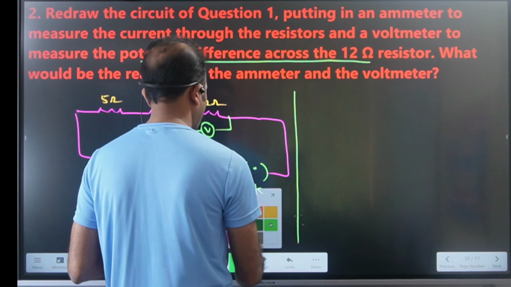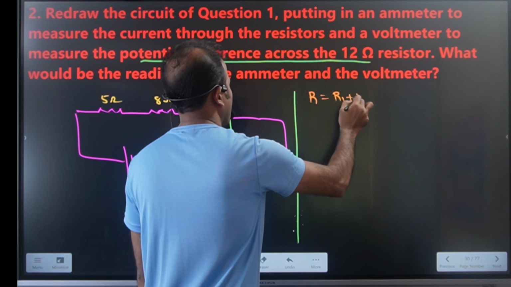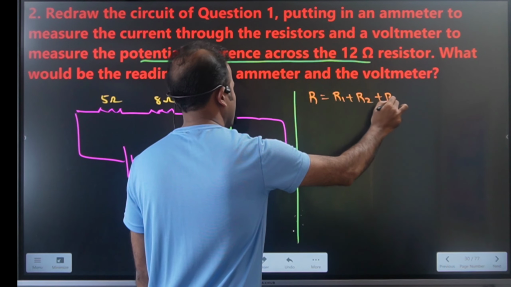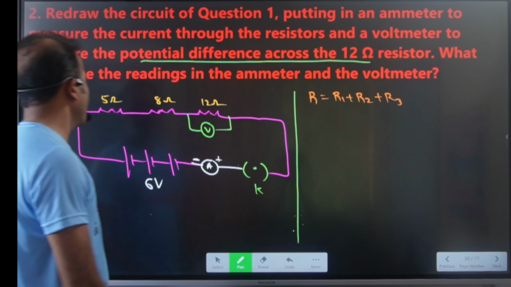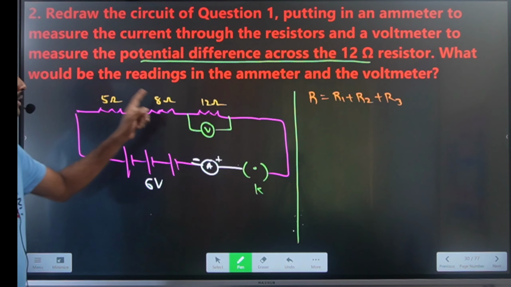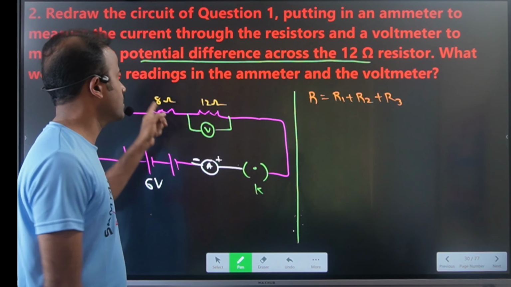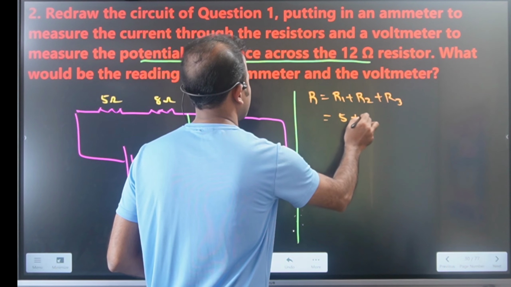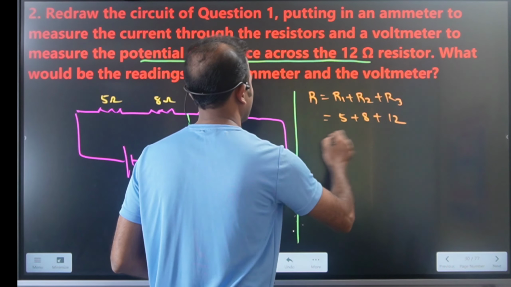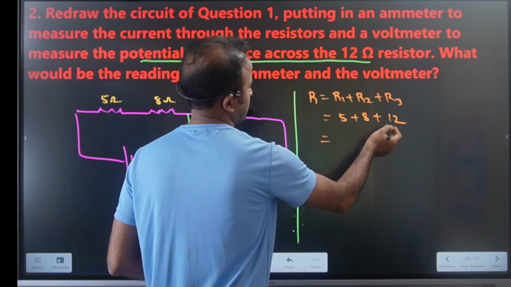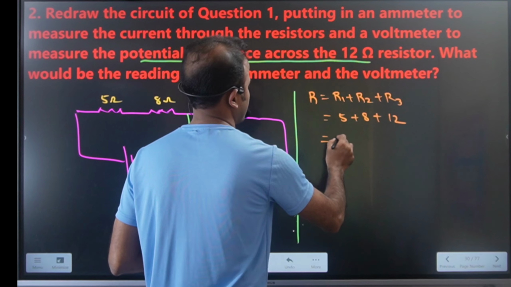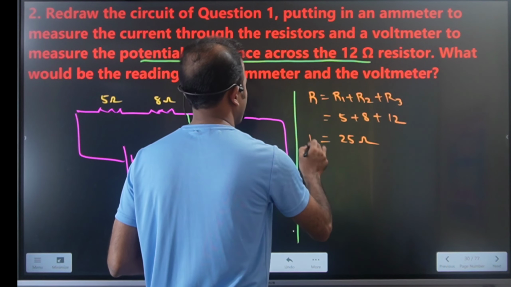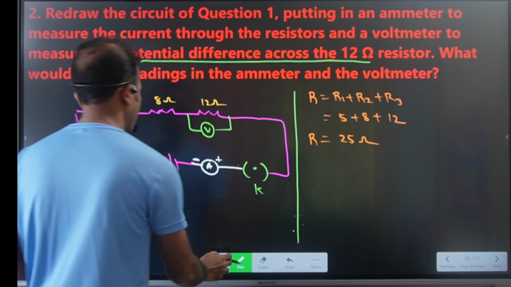R1 is 5, R2 is 8, R3 is 12. 5 plus 8 plus 12: 8 plus 12 is 20, plus 5, 25 ohms. This is the value of R.